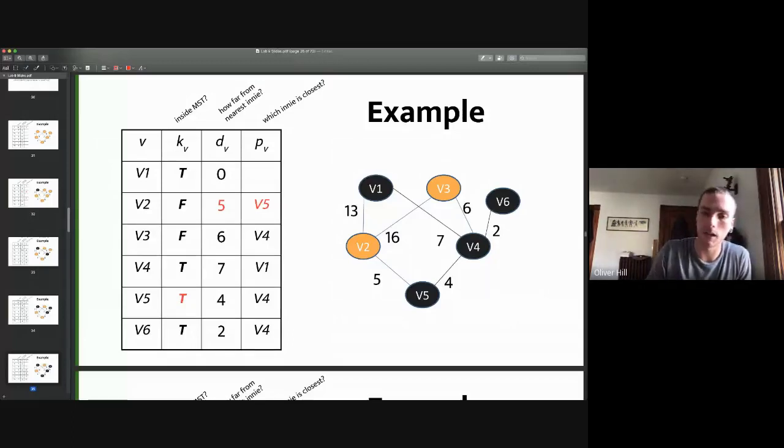It's just any node that you're possibly connected to. So that's very important. Okay. All right. And we'll add v2, and then finally we're going to add v3 because it's our last option.